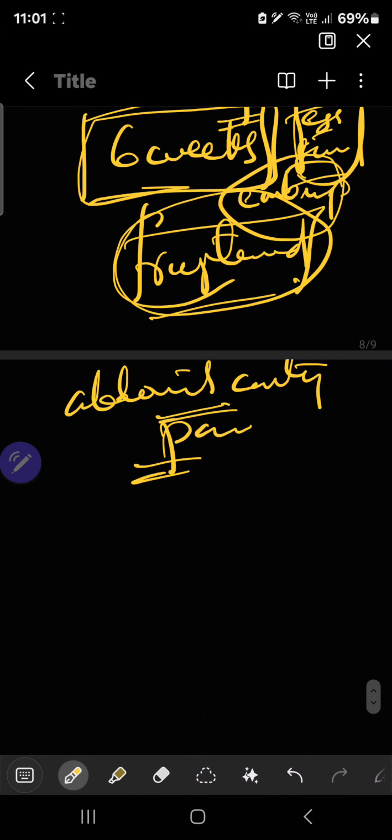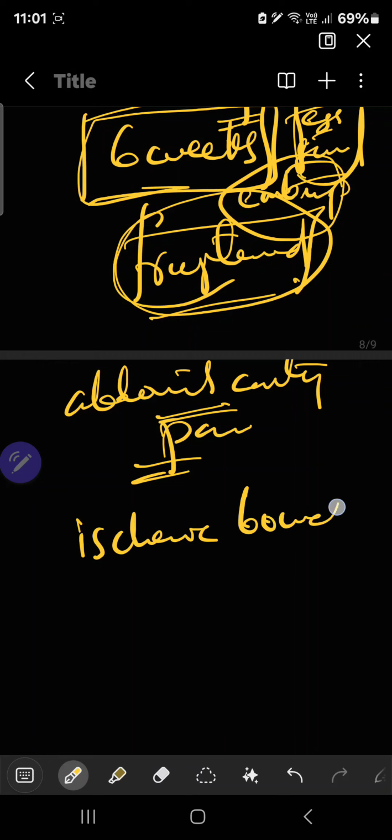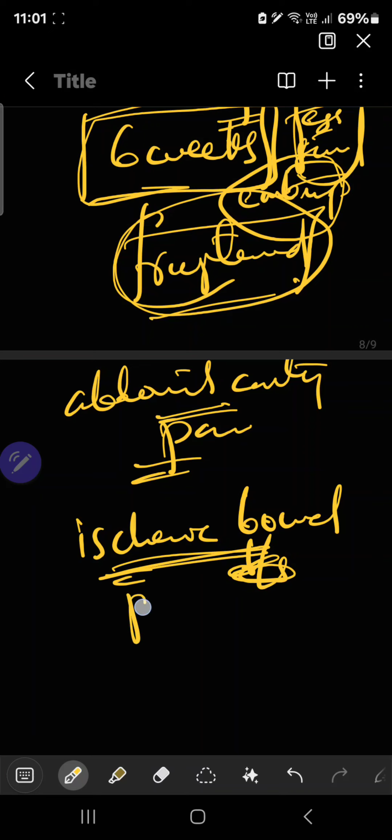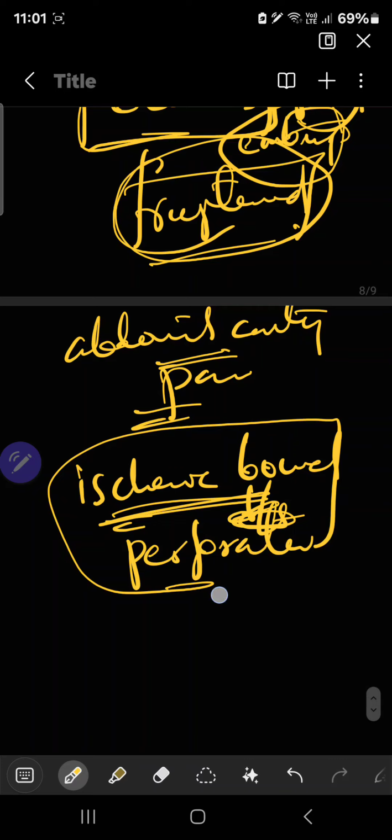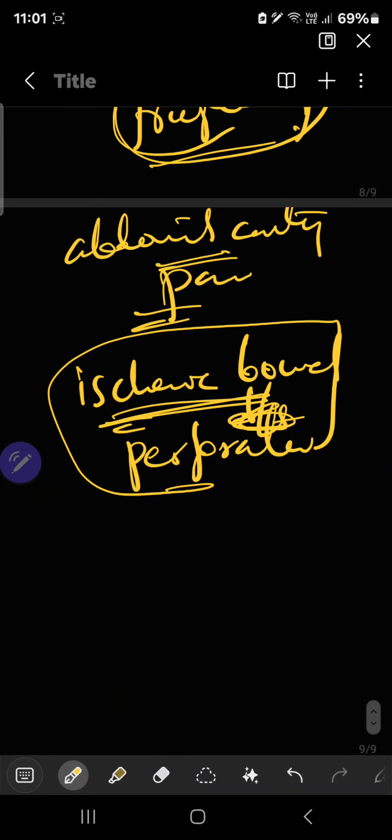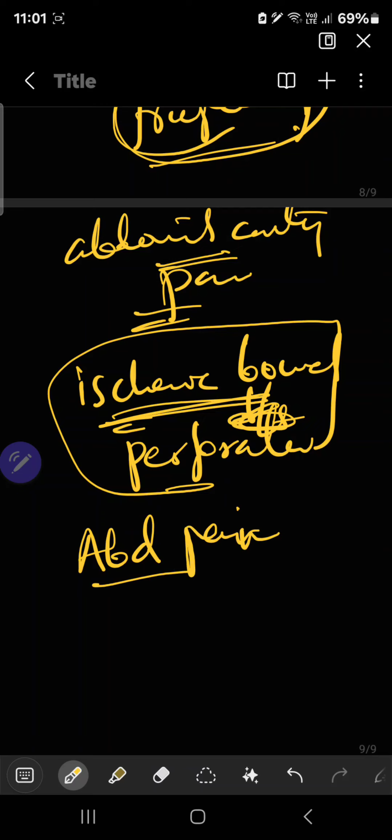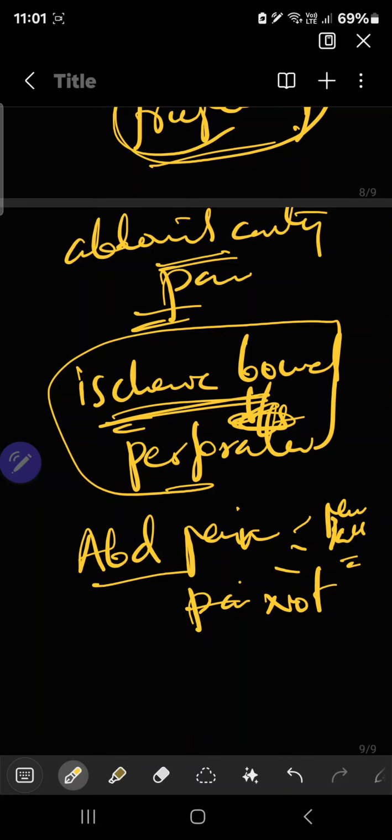And the last one is ischemic bowel or perforation. See, always remember, suppose a patient comes to you with abdominal pain, you have treated that patient with a number of painkillers, but the pain is not subsiding.